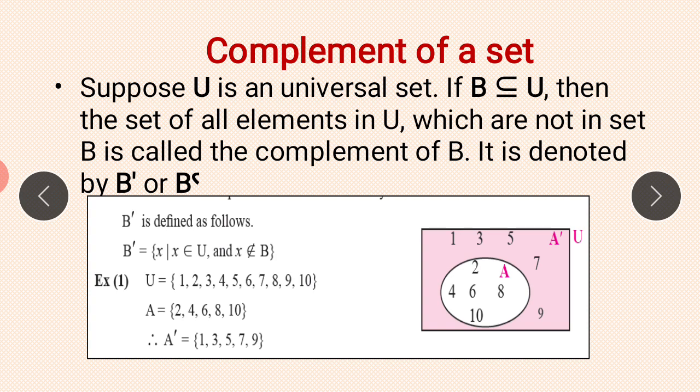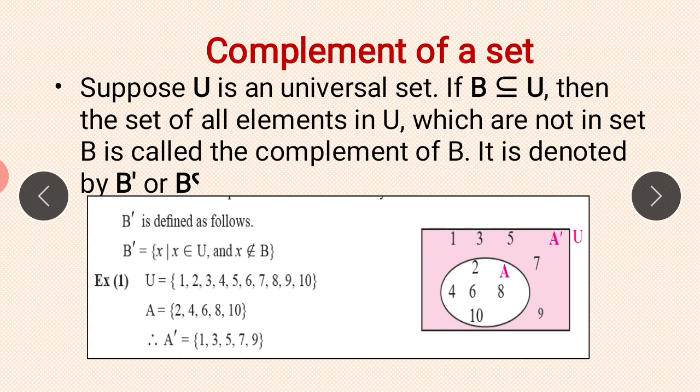The set of all elements in U which are not in set A. Which elements are these? See here, 1, then 3, 5, 7 and 9. Then you write down A complement = {1, 3, 5, 7, 9}.